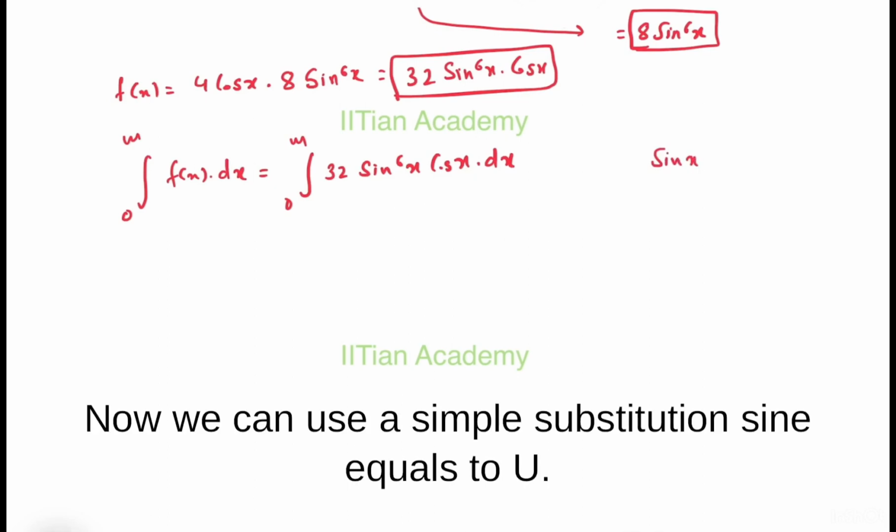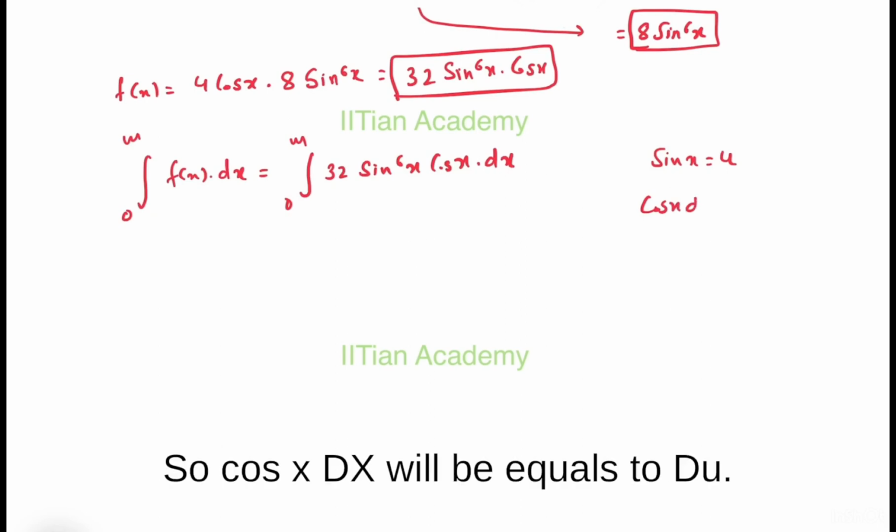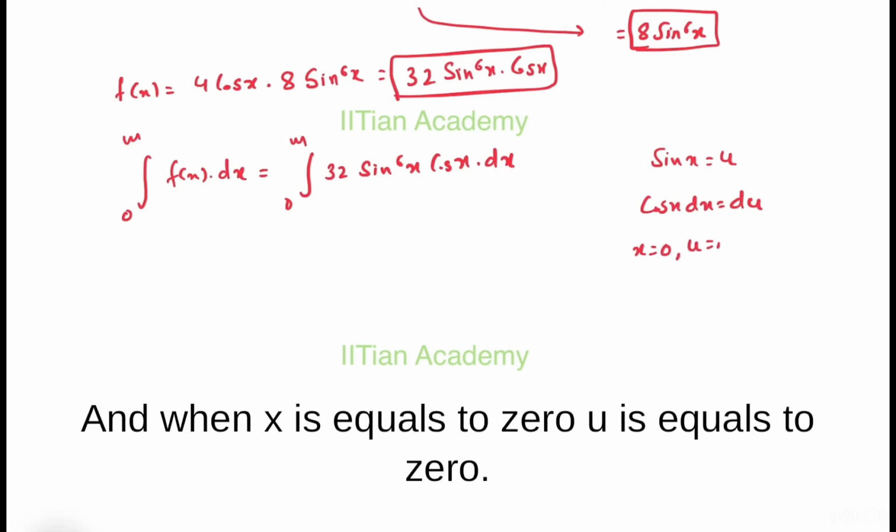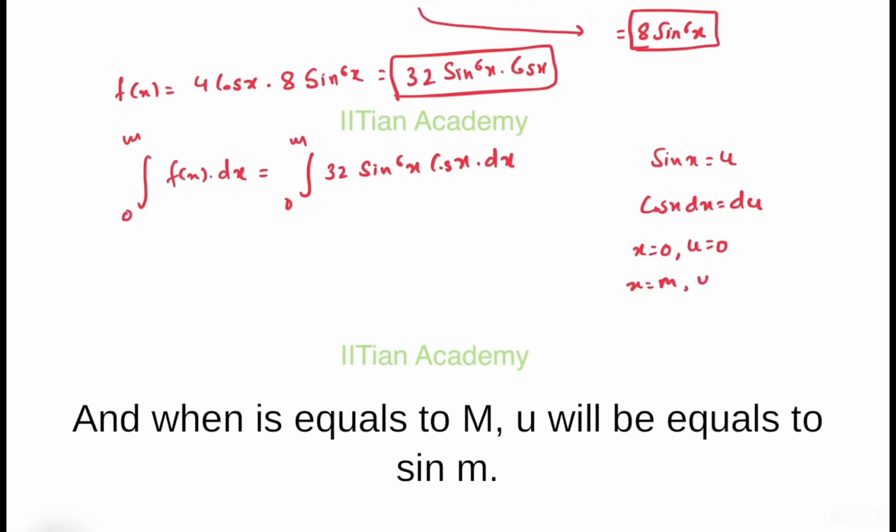Now we can use a simple substitution, sin x equals u. So cos x dx will be equal to du, and when x is 0, u is 0, and when x is m, u will be sin m.